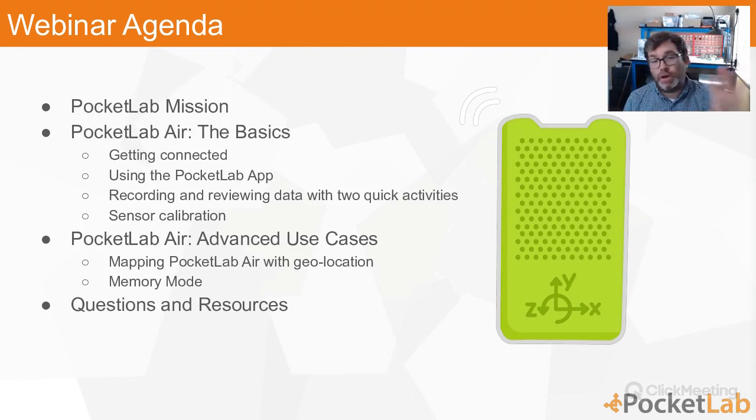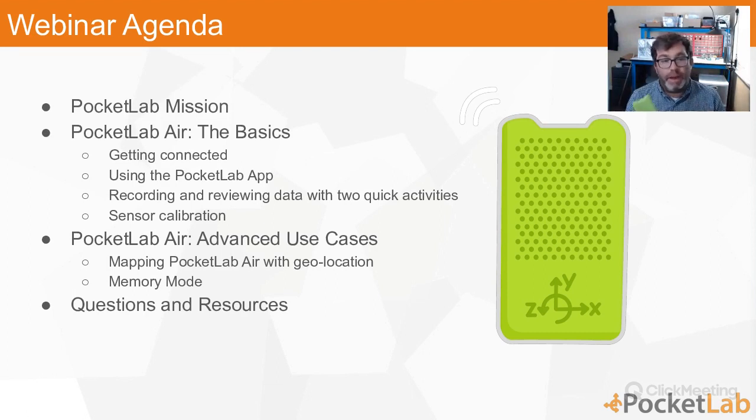Our agenda really quick. We're going to briefly talk about who we are at PocketLab and our mission, and then go over some basics about PocketLab Air, getting connected, using the PocketLab app, and then we're going to get into recording and reviewing data with PocketLab, and we're going to do that through two quick activities that we'll do together.